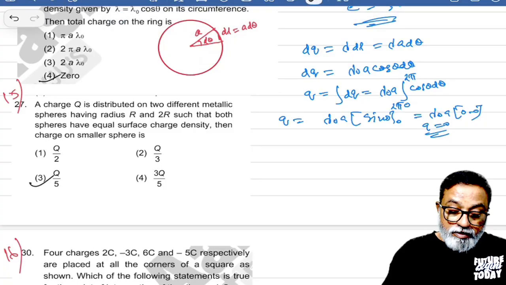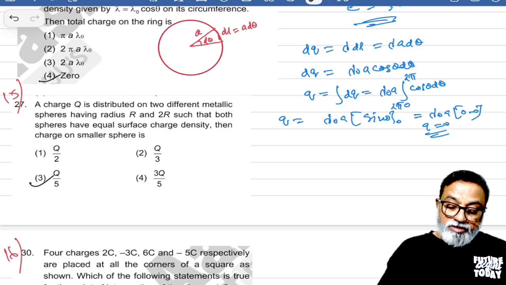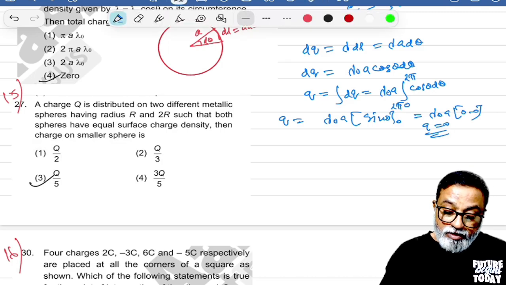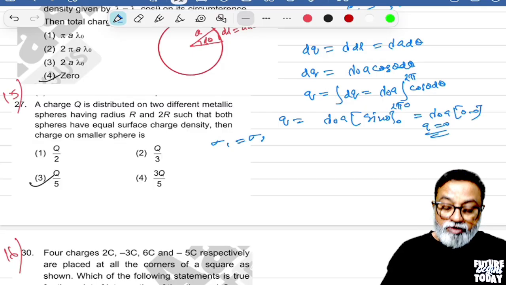Next one. A charge Q is distributed on two different metallic spheres having radius r and 2r such that both spheres have equal charge density. Then the charge on the smaller sphere is... See, equal charge density, sigma 1 is equal to sigma 2.